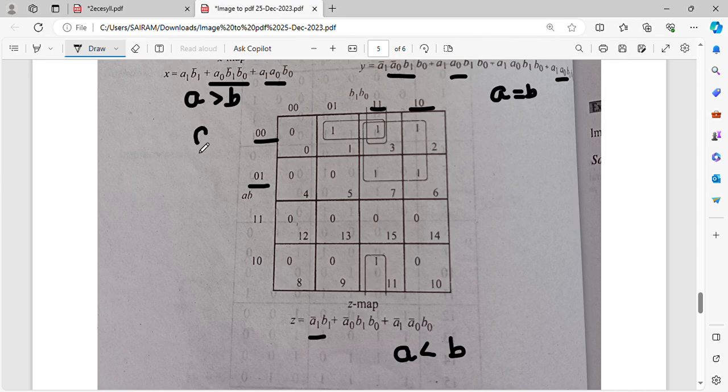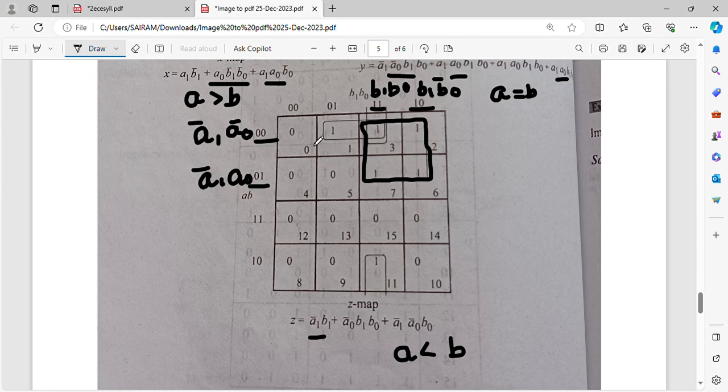So I just write it as A1 bar and A0 bar, and A1 bar A0, and this is B1 B0 and B1 B0 bar, right? So now when you take the common, you have A1 bar as common and here you have B1 as common, right? See, here there is one B1 and here there is one B1, and here A1 bar is common. So this is A1 bar and B1 for this group of 4.